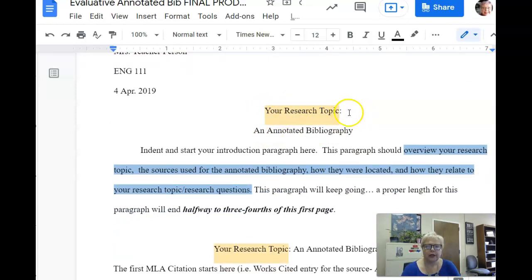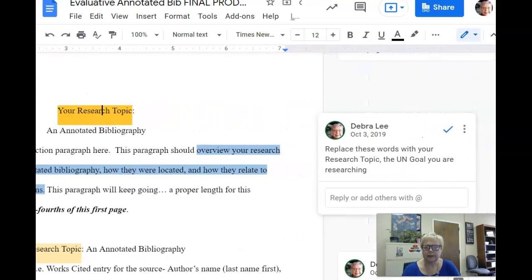your research topic. And what you're going to do is, for your research topic, scoot this over here so we can see the comment, replace these words with your research topic, the UN goal that you are researching.